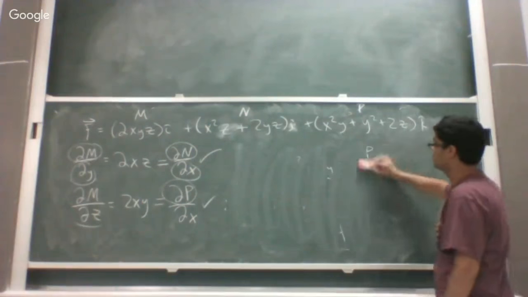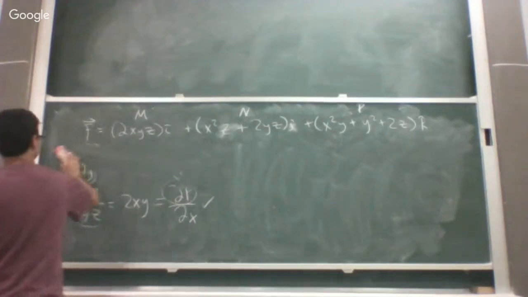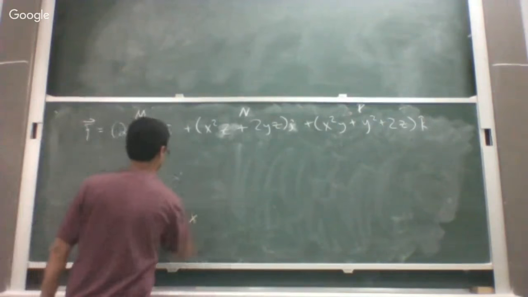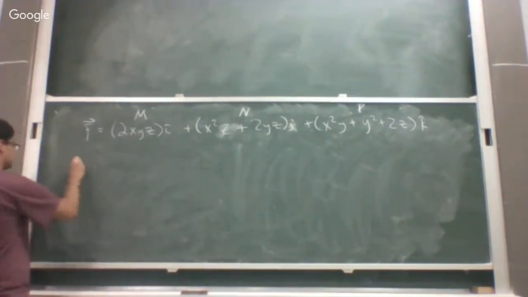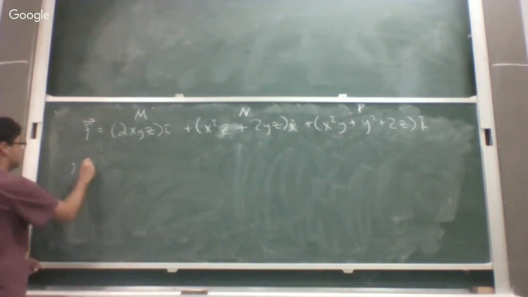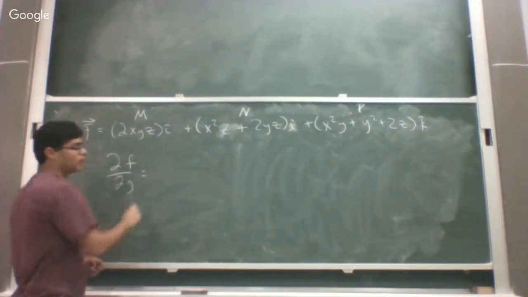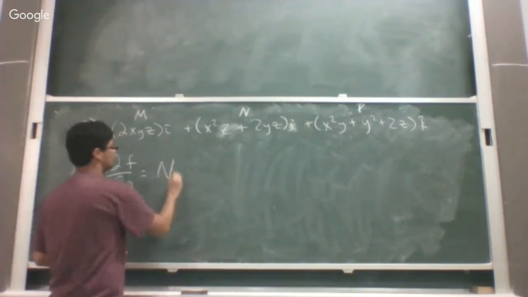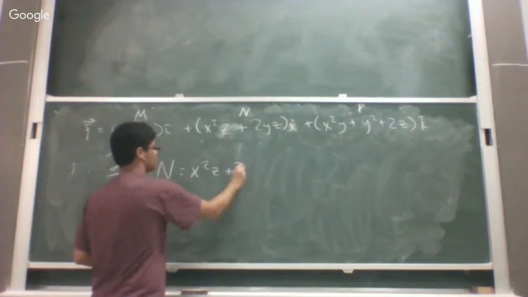Next is the j component that we look at. The j component in the gradient was the partial of f with respect to y. That is equal to n, and that's equal to x squared z plus 2yz.